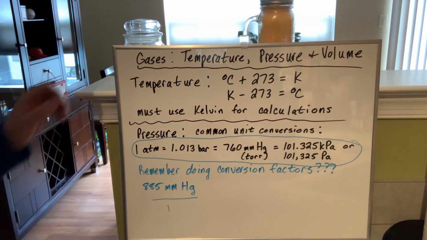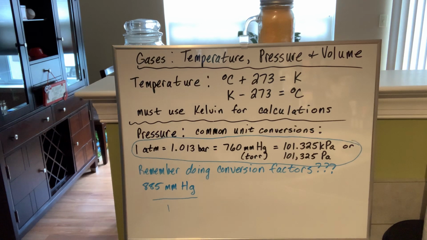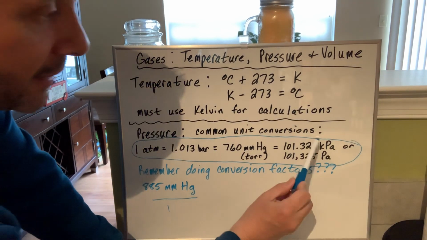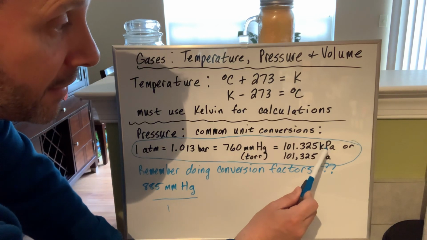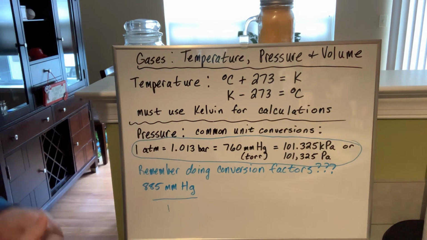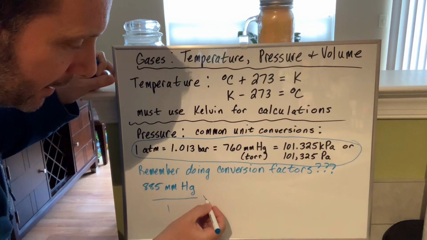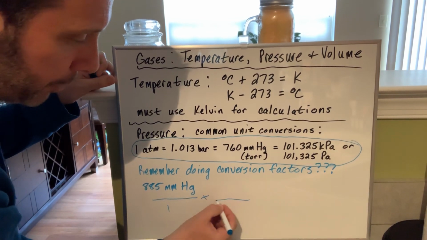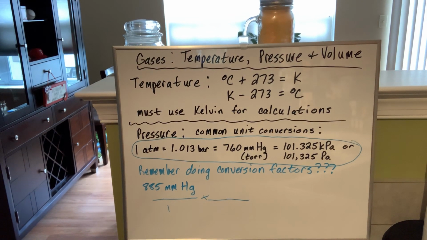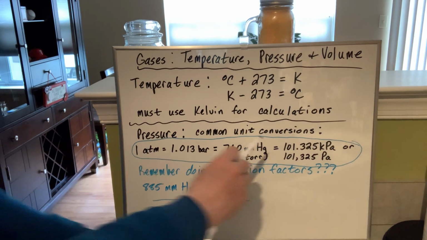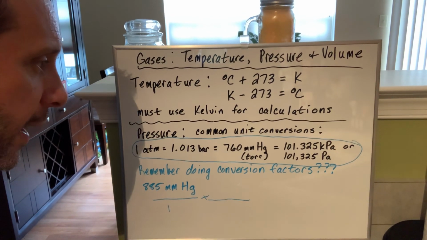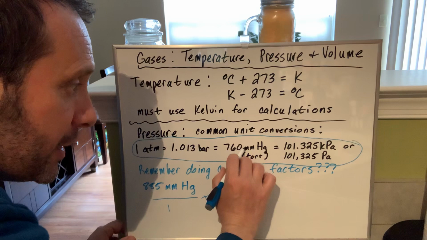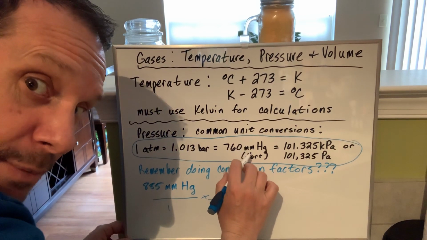Okay, so we want to change it to kPa. This is according to the note packet. So we want to get it to this, which means that's what I'm looking for, so I'm going to have that on top. And the thing that I have, I'm going to put on the bottom, as I'm just going to set up a conversion factor. Well, let's see. 101.325 kilopascals is equal to 760 millimeters of mercury.